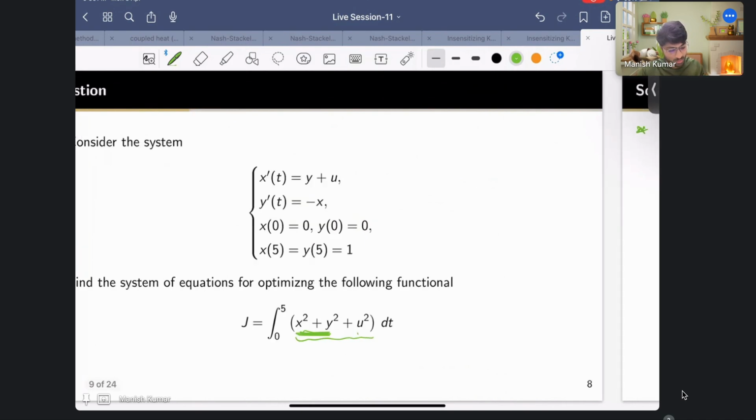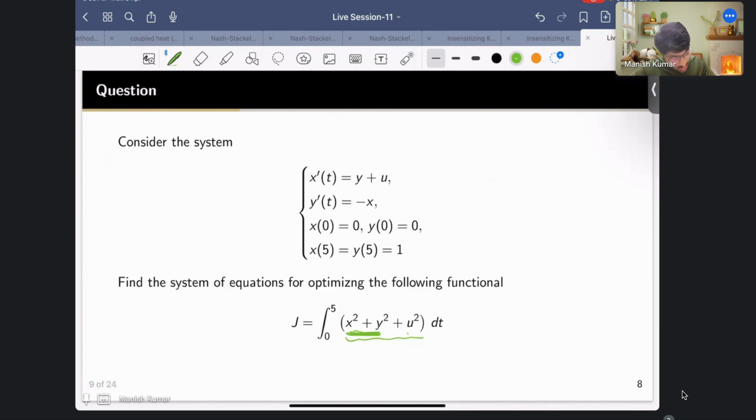So let us see what is given to you. Let me first write what is g. So g is y plus u, in R2. You can consider g1, g2, or call it g: y plus u minus x prime, and then minus y prime. This would be your g, the constraint, or the differential equation. The functional f is x square plus y square plus u square.